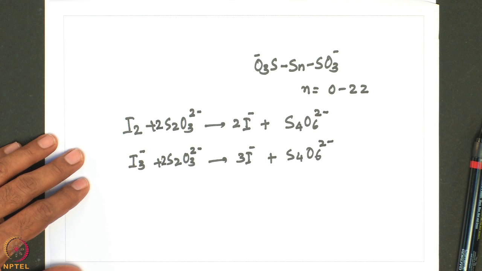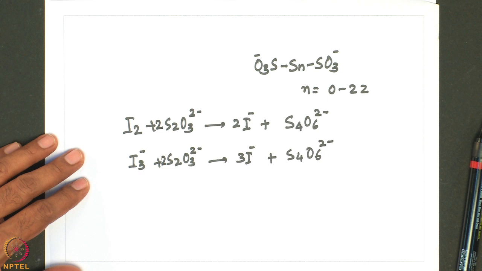So, I3 minus anion is most commonly encountered during redox titrations involving iodine, where an excess of iodide ions is added to convert any iodine formed to the soluble I3 minus.